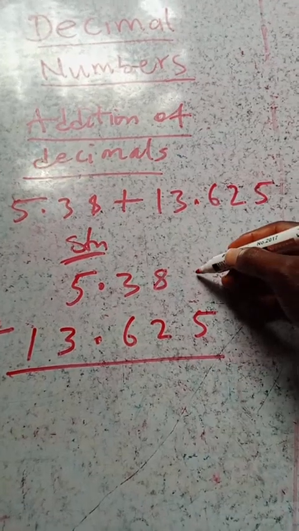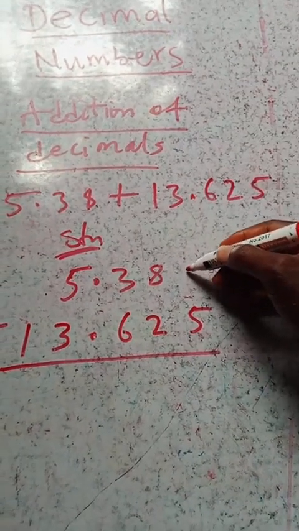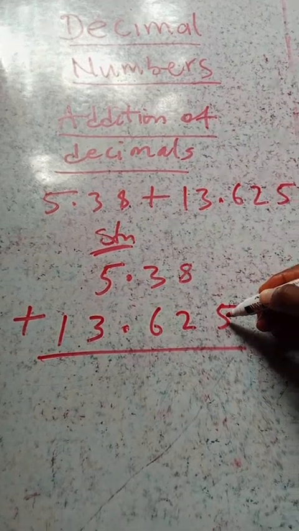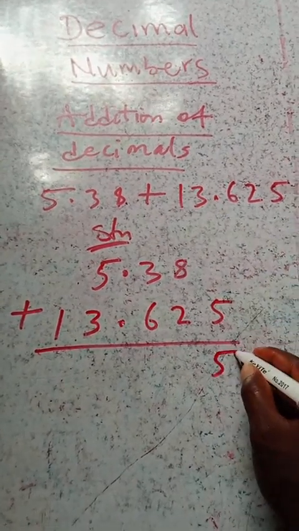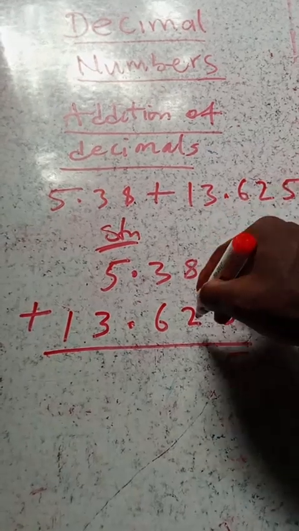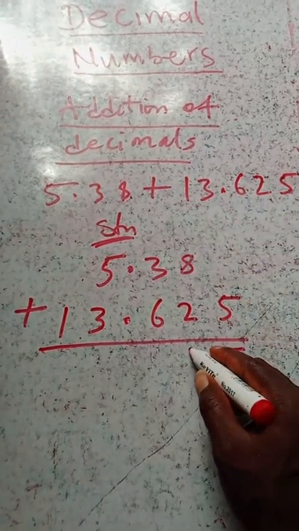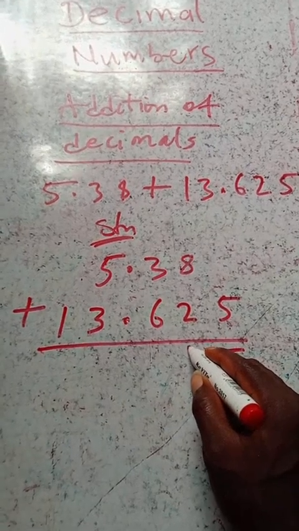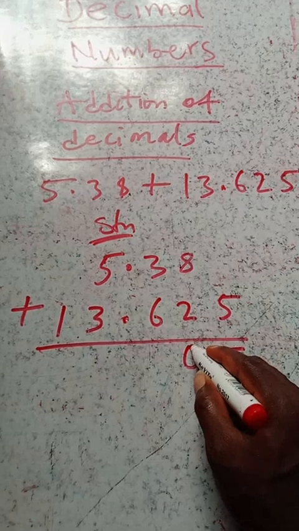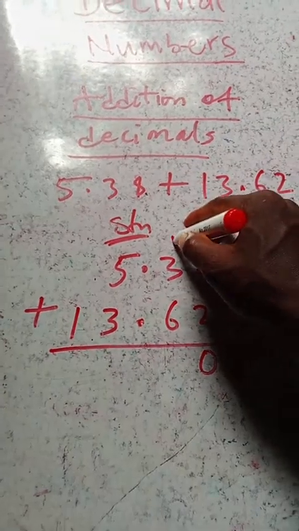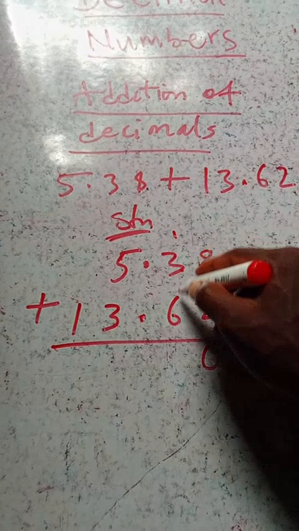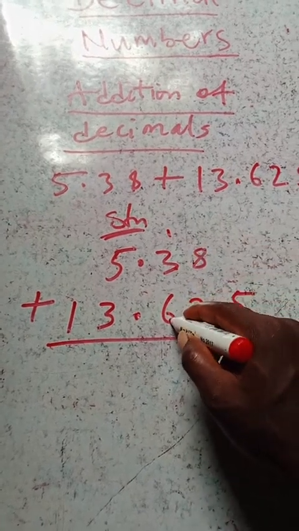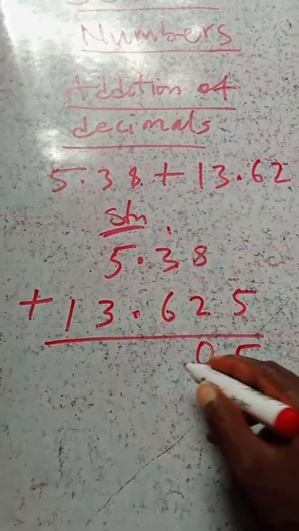Now this 0, there's nothing here to add to 5, so you bring down 5. What about this? 8 plus 2 is 10. 10 is up to the base, so you write down 0 and raise 1. Now 3 plus 6 is 9. 9 plus that 1 is 10.